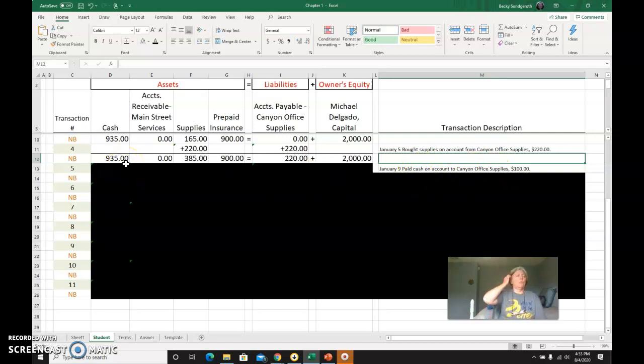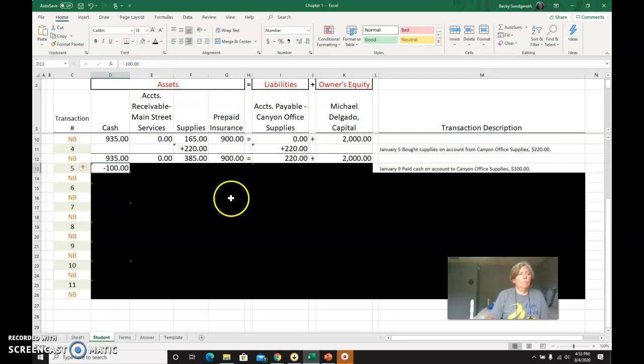So again, we go through and we decide what accounts are affected. So it says I paid cash. That tells me cash was affected. Those two words, paid cash. Cash is affected. It's an asset and it is going down because the business paid money. So going down $100.